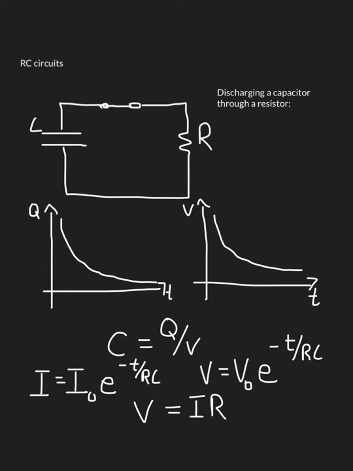So let's take a look at charging a capacitor, how you get charge on this capacitor to begin with. In order to charge a capacitor in an RC circuit, you need some initial source of voltage that's going to push charge onto your capacitor. So we will use a battery for that.